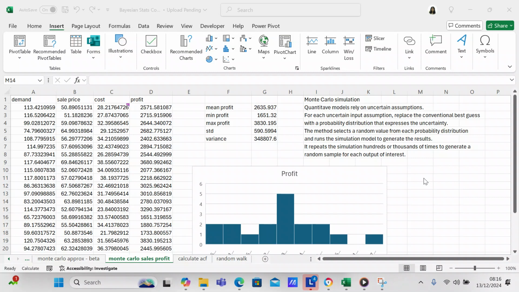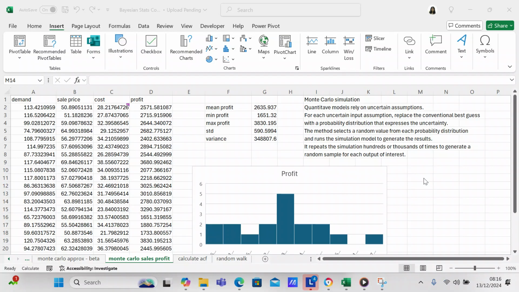When people want to approximate something but don't have any data to approximate it, they rely on random numbers. And that's basically what this is.